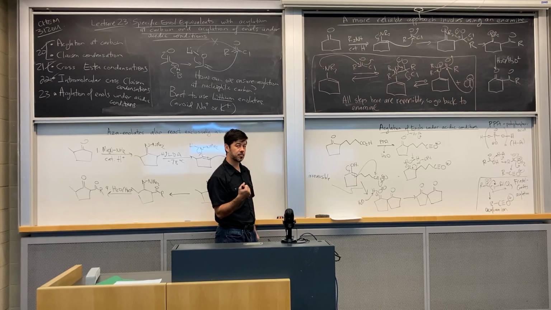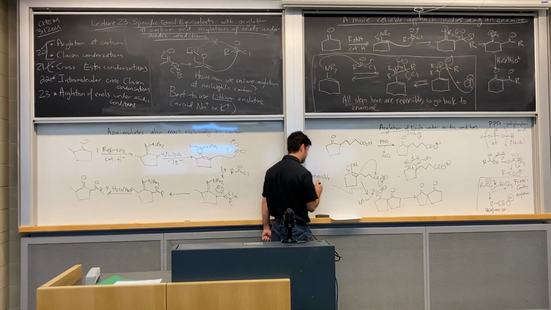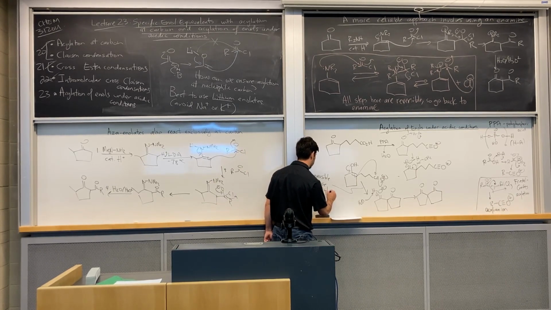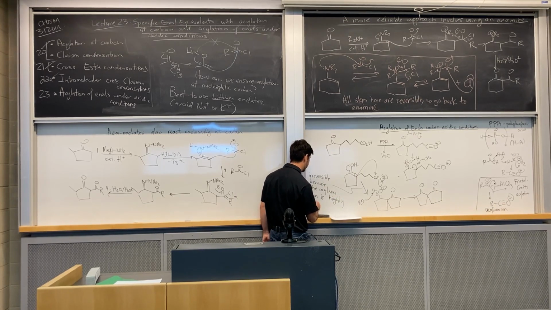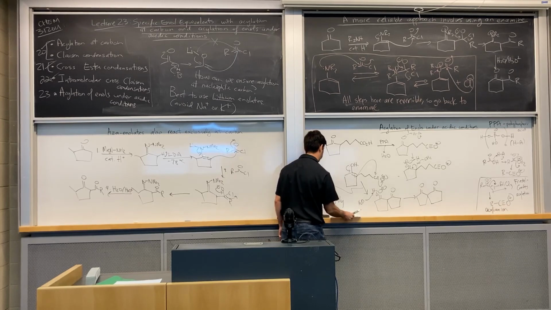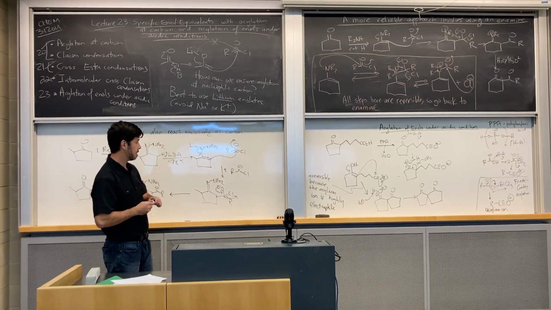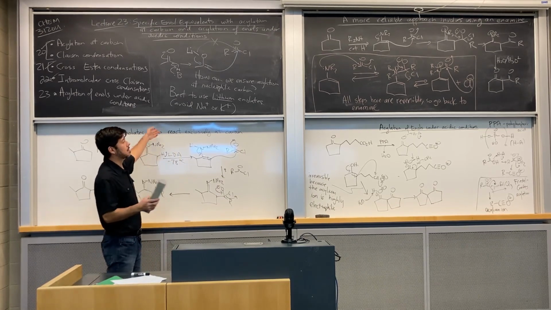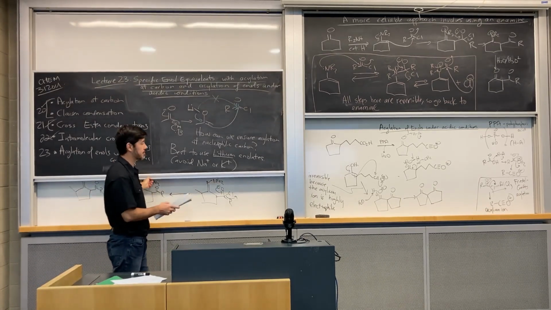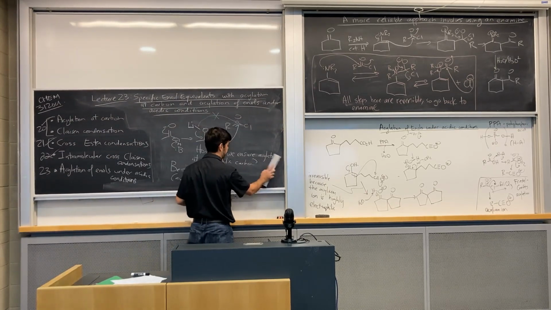So you can think of it as being irreversible because the acylium ion is highly electrophilic. Okay, so that's just sort of an interesting story and example of acylating enols under specific acidic conditions.